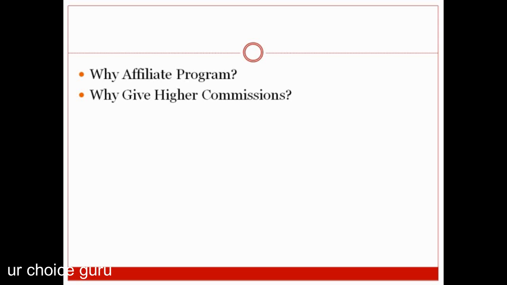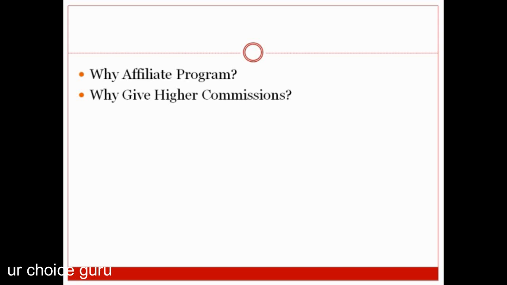So if you're getting affiliates that are sending, let's say, 1,000 people to your product, but only one is converting, then your conversions will drop and it'll actually be lousy. So you want to make sure that you have a high converting program first, and then if that's the case, then give people higher commissions.